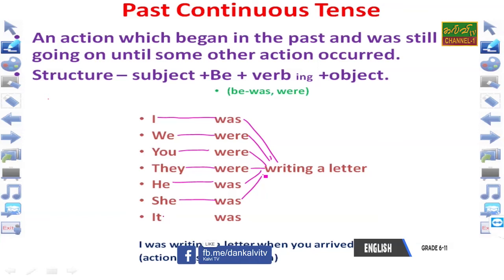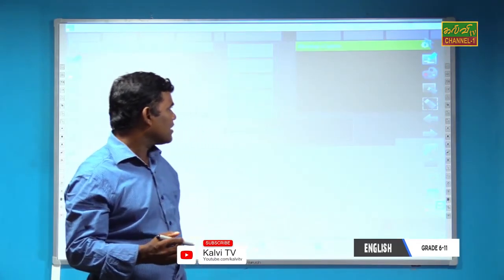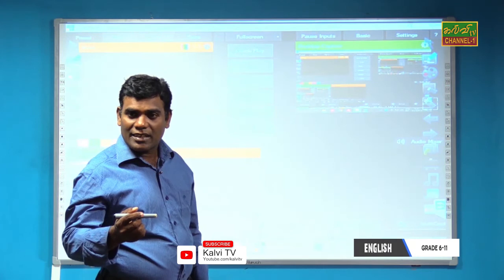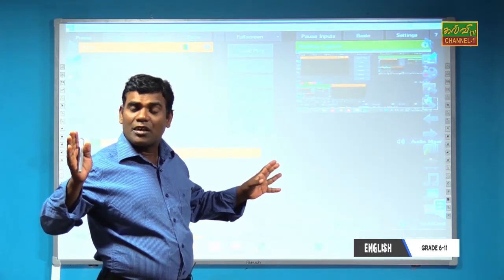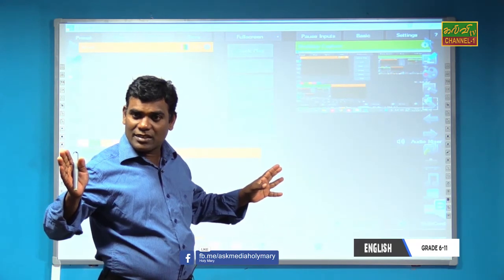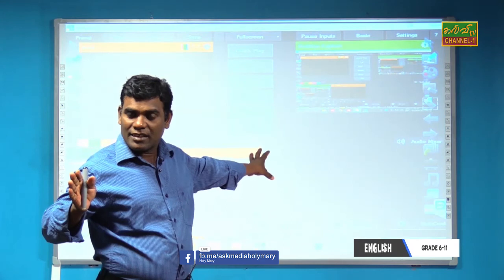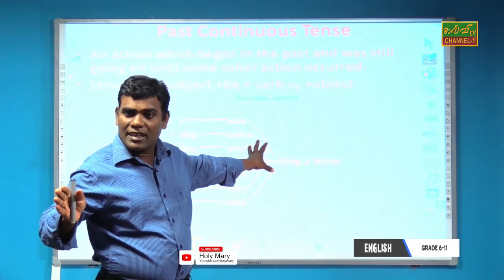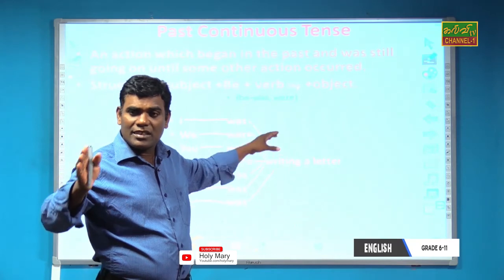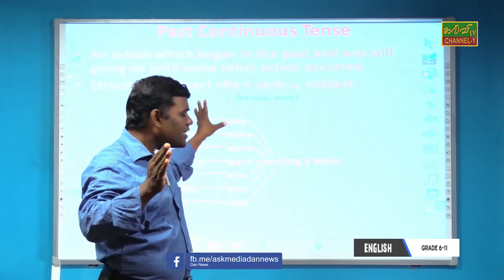So that's why I have given the chance to understand, to give the knowledge based on the past continuous tense using this idea, with example. I think I have given the chance: what is the past continuous tense and what is the example.